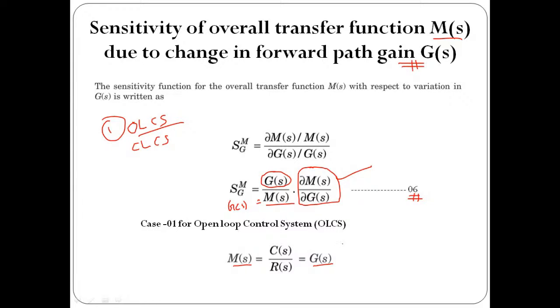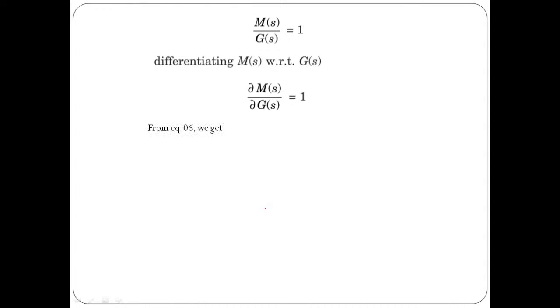Now see, M of s is nothing but G of s. So if you take the derivative of G of s with respect to G of s, this factor is going to be 1. If you put these into equation number 6, you will get the sensitivity of an open loop control system due to change in forward path gain as nothing but 1.